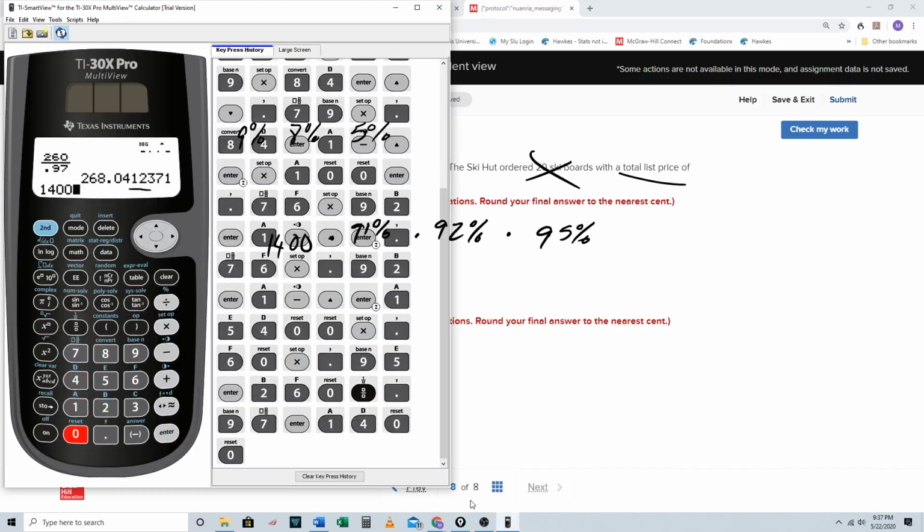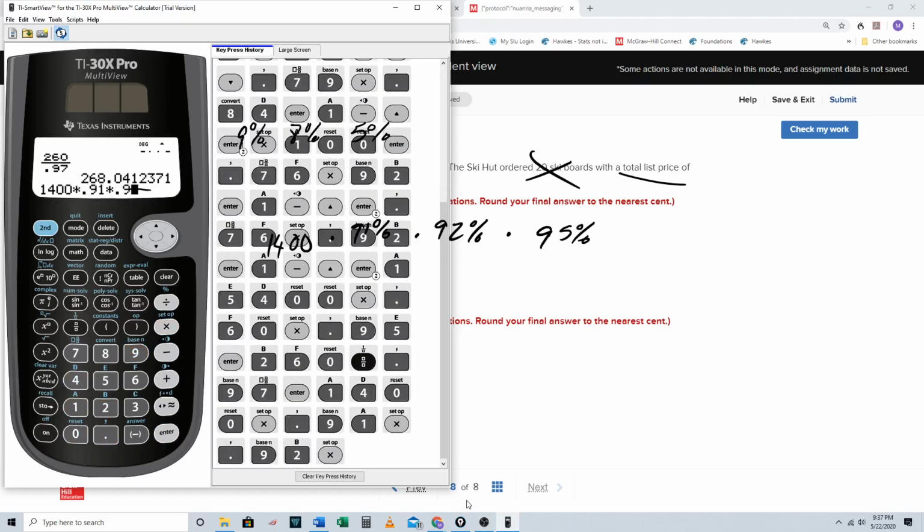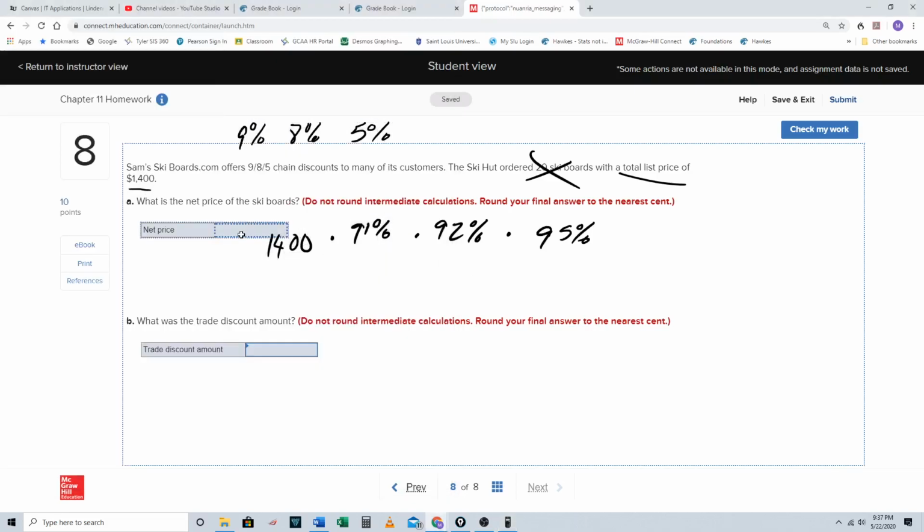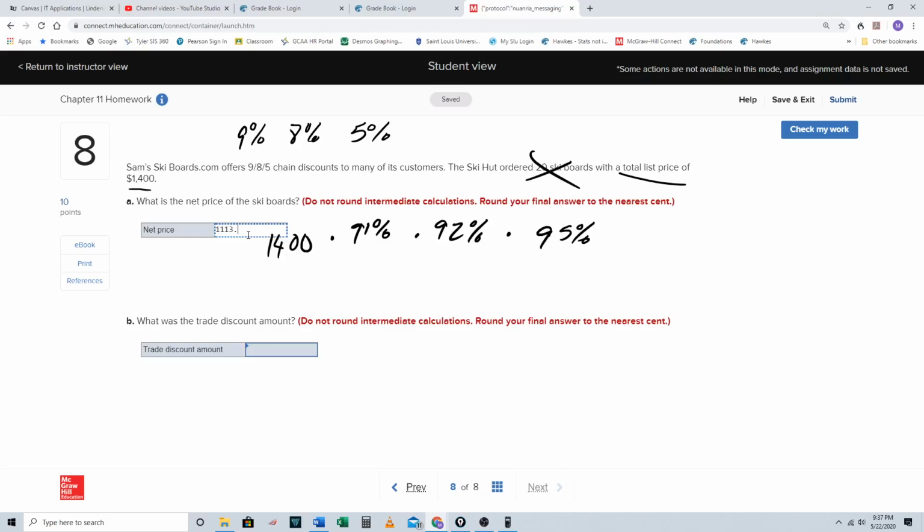So 1,400 times 0.91 times 0.92 times 0.95. So 1113.48 when you round. 1113.476, it'll round for you. There we go. Now the trade discount amount is the difference between the original price and the net price. So that's going to be 1,400.00 minus 1113.48.